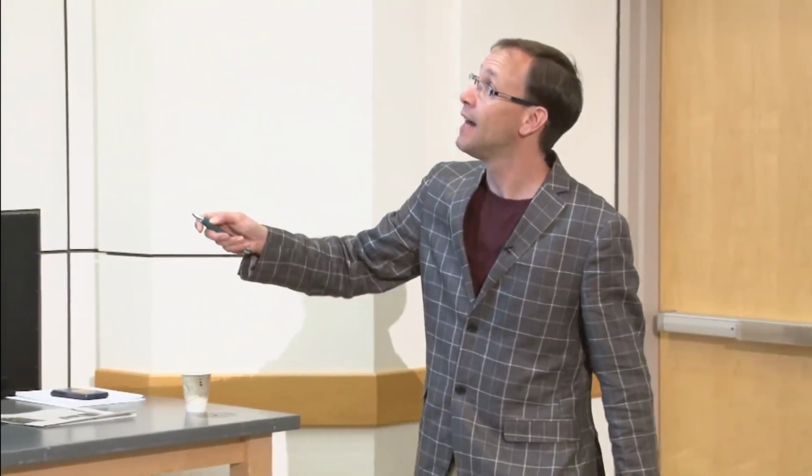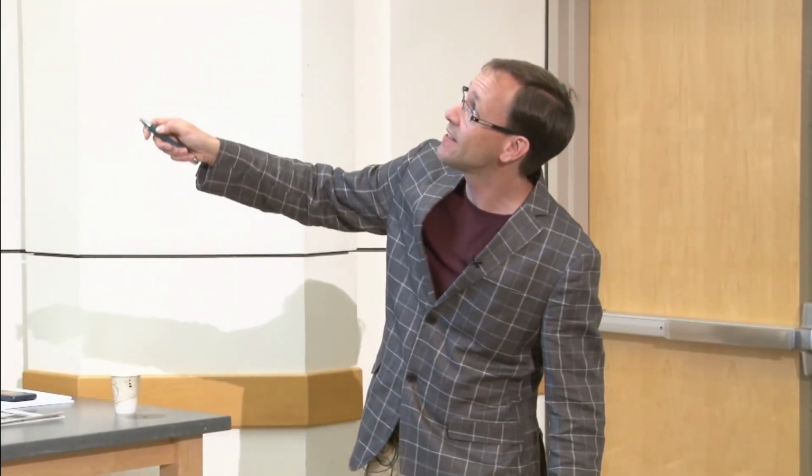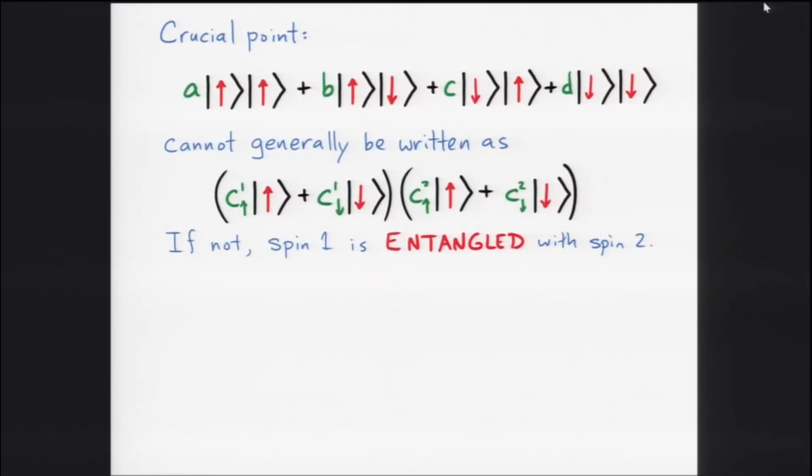Okay. And so there's a crucial point. When I have a state like that with general coefficients A, B, C, and D, then I cannot generally write that as some factorized thing like this. So it's not true that when I write this down, I can say, okay, the first spin is in this quantum superposition, and the second spin is in this other quantum superposition.